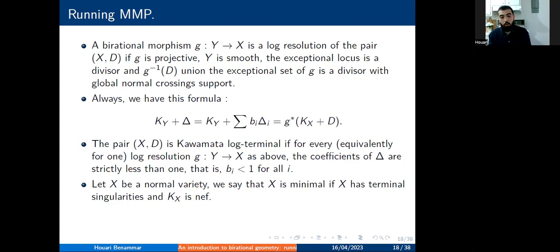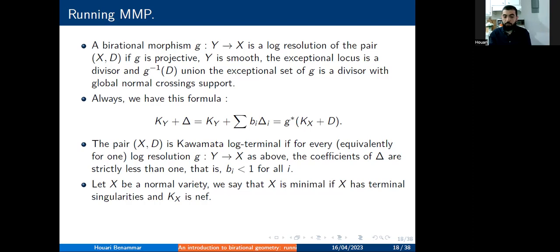Okay. So always we have this formula: the canonical divisor K_Y plus Δ is the pullback of K_X plus D. And the pair (X, D) is Kawamata log terminal, which means that the singularity is Kawamata log terminal, if for every log resolution, and equivalently we can verify this just for one because this is independent of the resolution, the coefficients of Δ are strictly less than 1.